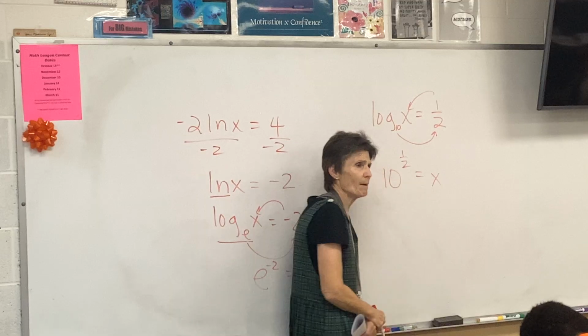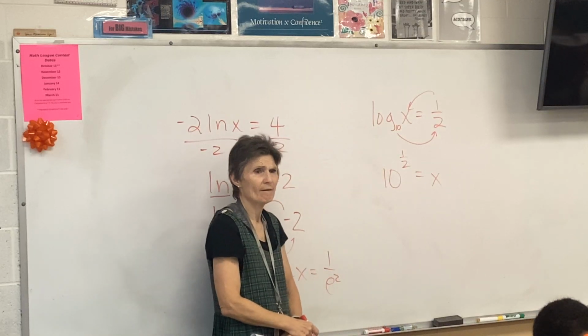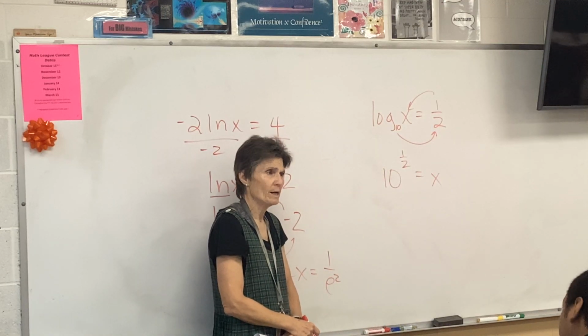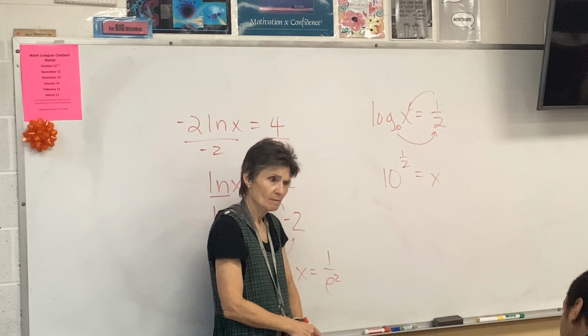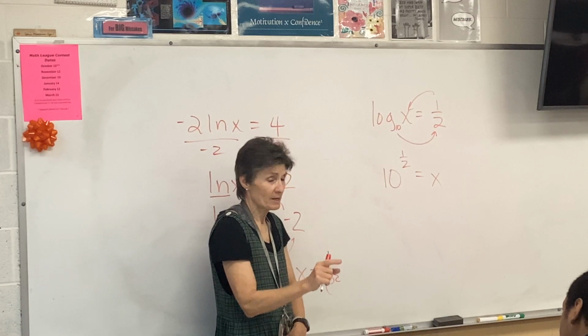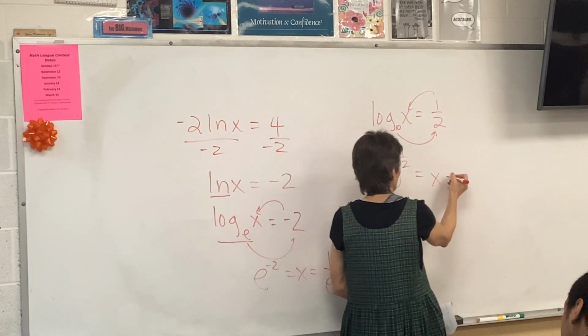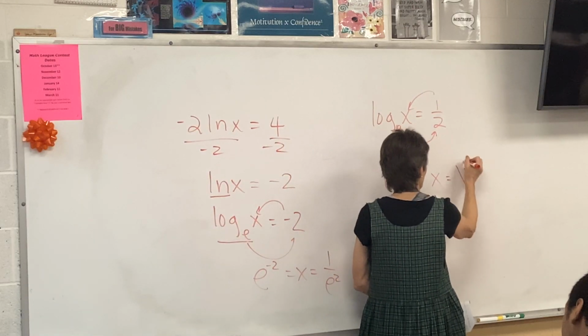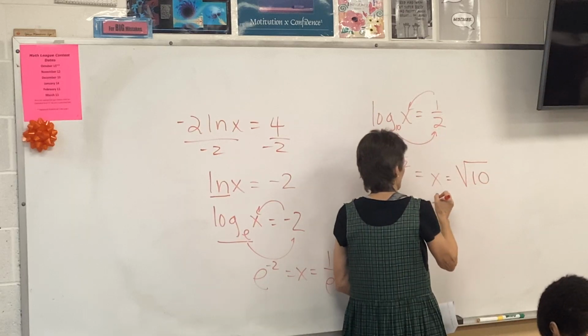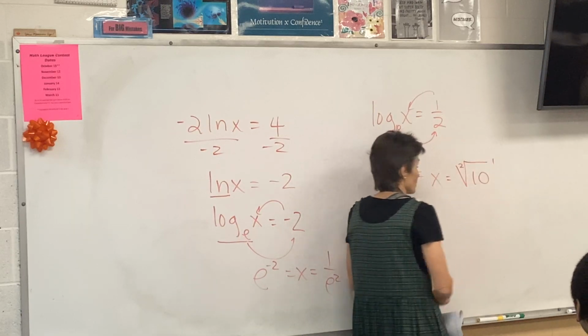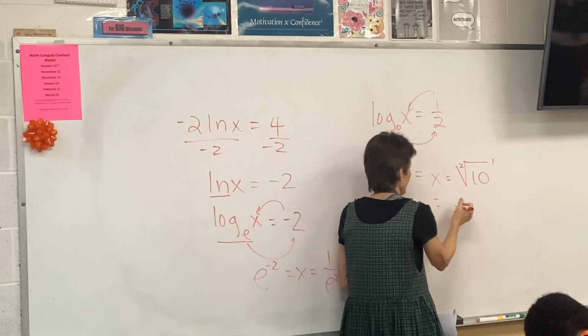Wait a minute, what does that mean? 10 to the 1/2. What's a 1/2 exponent? No, a half of 10 would be 5. This is 10 to the half power. What do we do with a fractional exponent? Make it a radical. So isn't this the square root of 10?